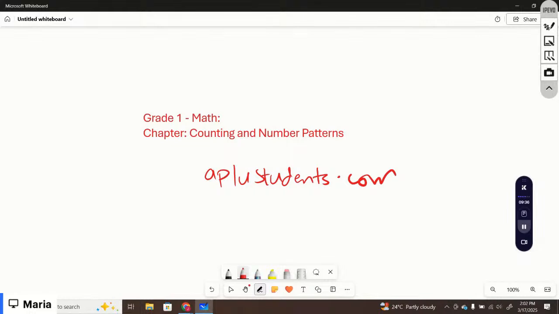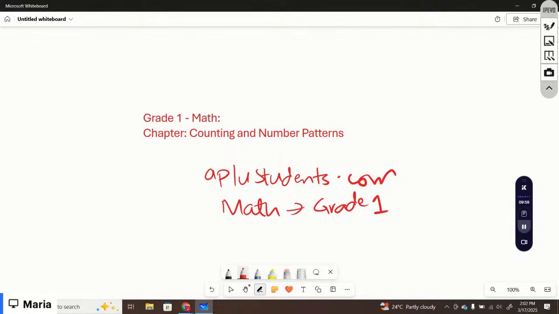Then you have to select math from the subject tab. Scroll down to grade one math and then click on view all lessons. There you can find a list of the chapters.